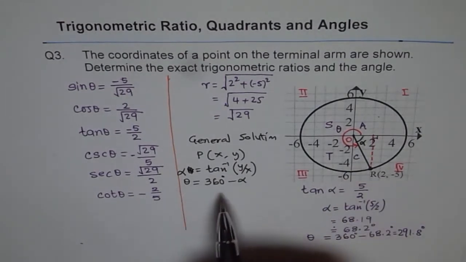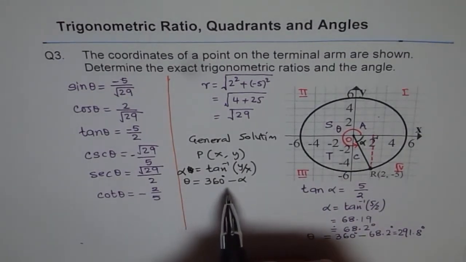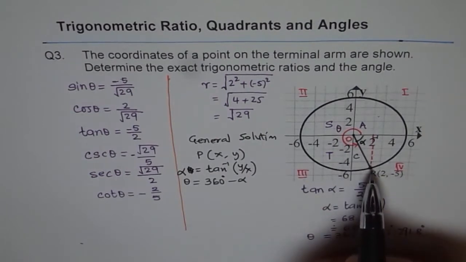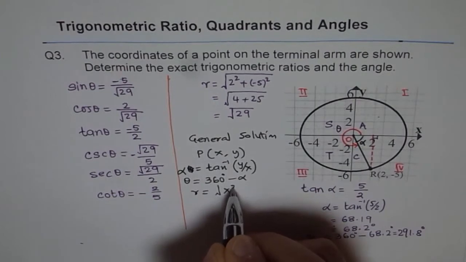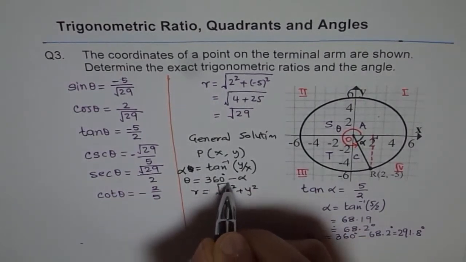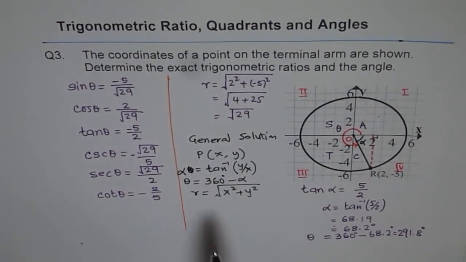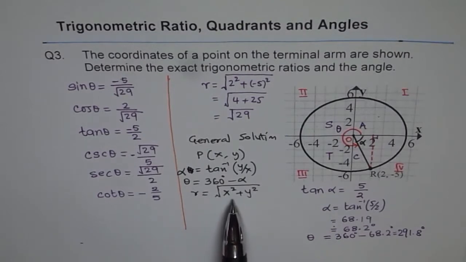The second thing you always have to do is find the radius. For the radius, always write radius equals the square root of x squared plus y squared, and for exact values, use this value of radius.